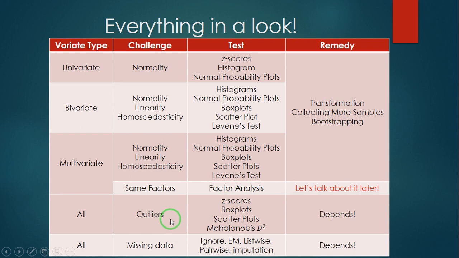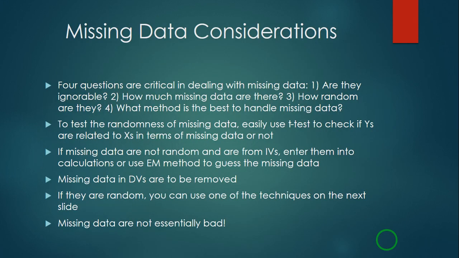Today I'm going to talk about missing data and outliers and the tests that we can use to recognize outliers and missing data and to analyze them. I'm also going to talk about the remedies of each issue that we may face. I also remind you of the factor analysis that I'm going to talk about in the videos of multivariate data analysis. So let's talk about missing data first.